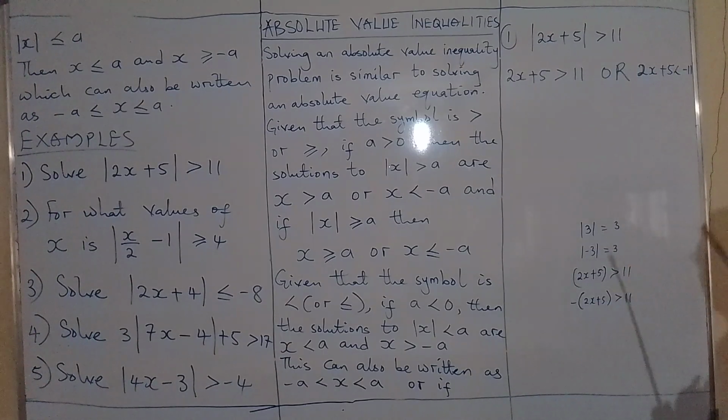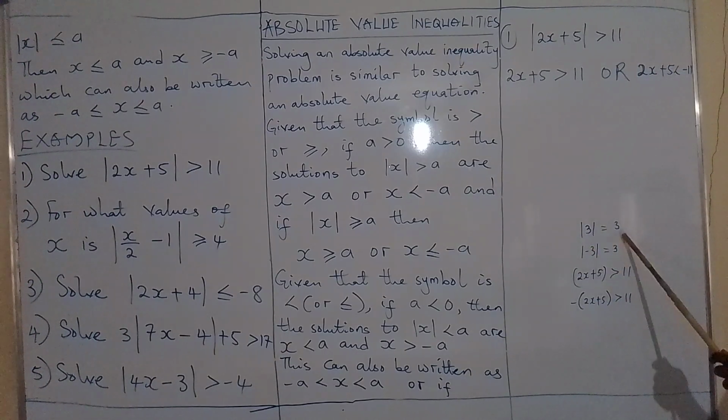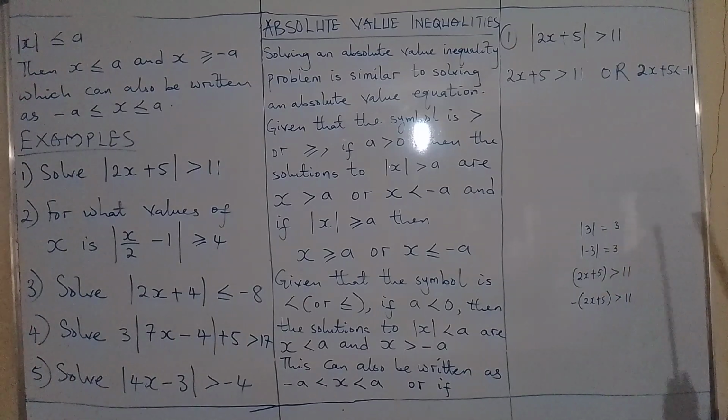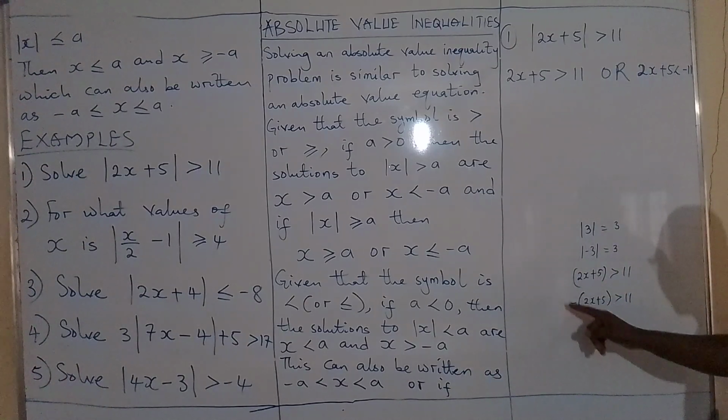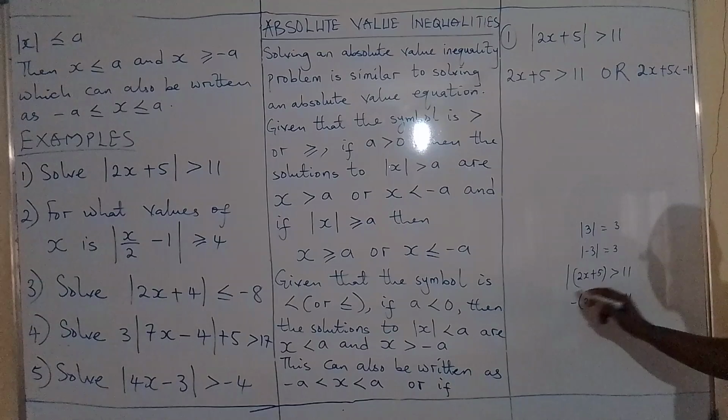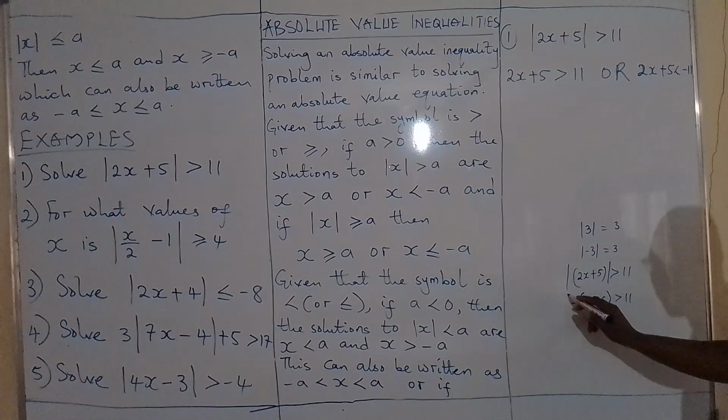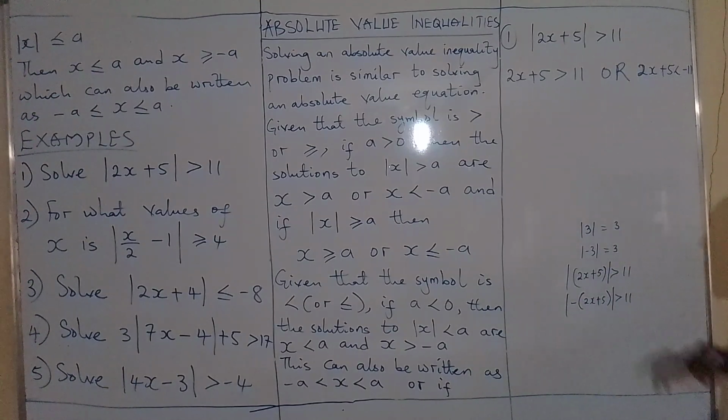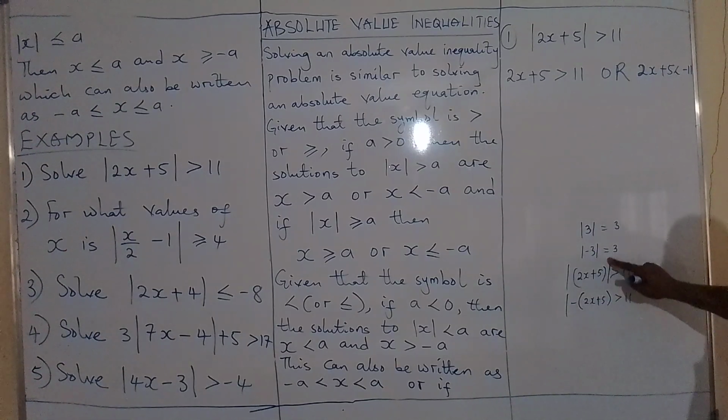If the absolute value of 3 is 3, the absolute value of negative 3 is 3. So the absolute value of this is greater than 11, and the absolute value of the negative will also be greater than 11.